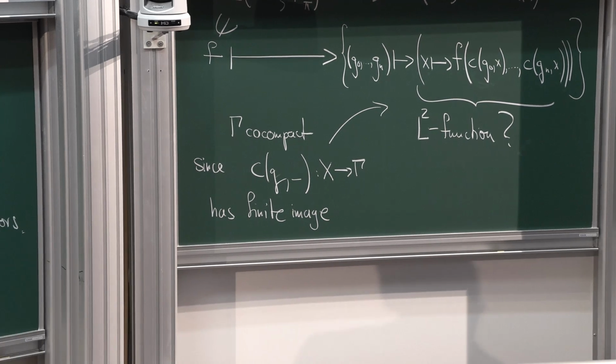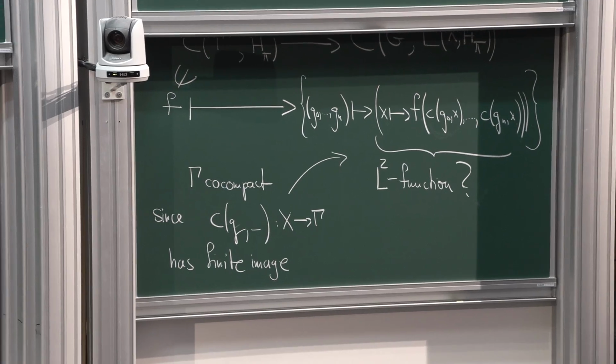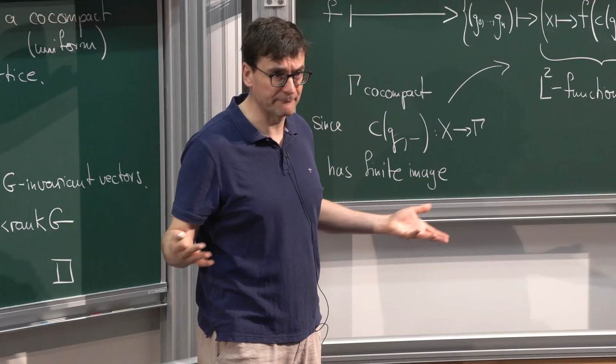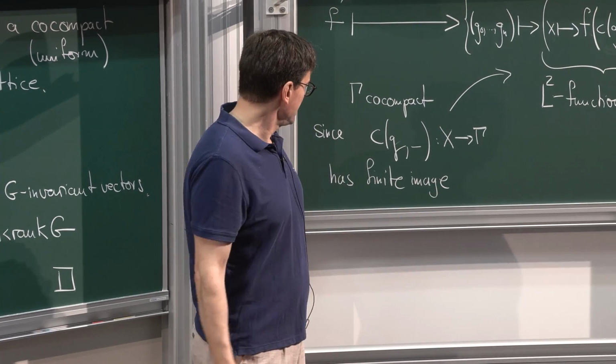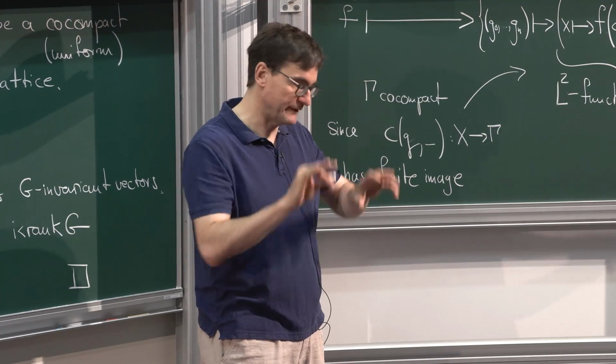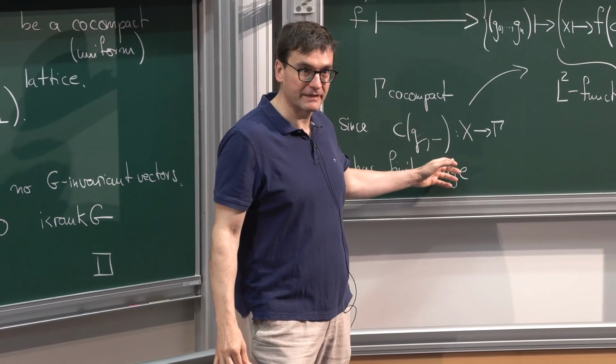Well, if you have a cocompact lattice, we can take a relatively compact fundamental domain, and then you move that fundamental domain with that fixed g, still something relatively compact, and you can cover it with finitely many gamma translates. And this is the range of this lattice cocycle.